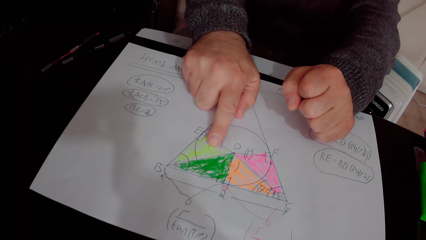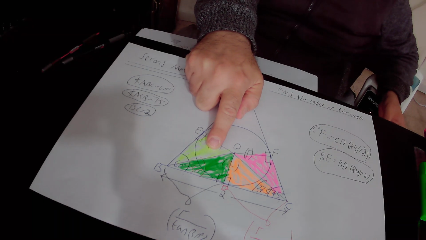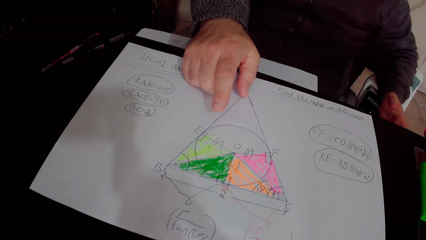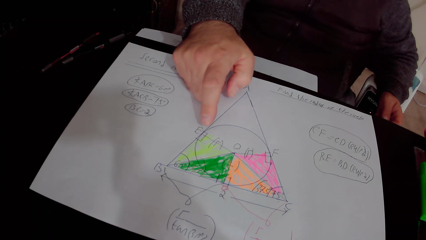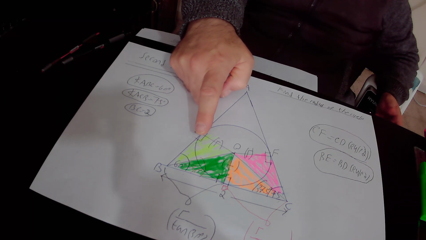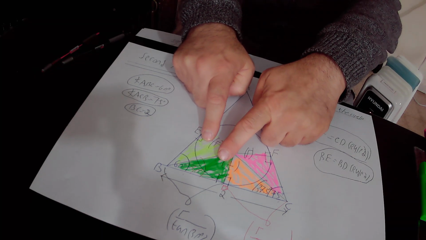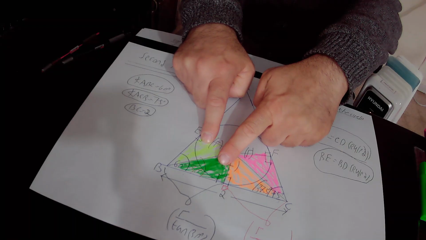And finally, BO is a common side that belongs to both triangles, so I can write down that BO equals itself. So we have proved that all three sides of the yellow triangle EOB are correspondingly equal to all three sides of the green triangle BOD. Therefore, those two triangles are congruent according to the side-side-side rule.